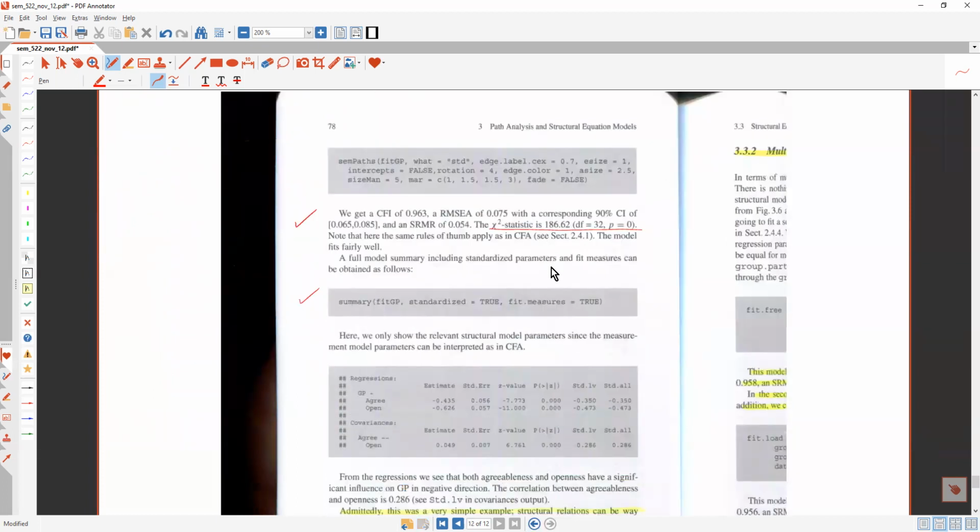For this particular model that we just did, our chi-square is 1.86. There's the degrees of freedom, and the p-value here is equal to 0. And you can obtain some other things in terms of the standardized fit statistics, et cetera, and look at your regression coefficients for that model that we just ran.